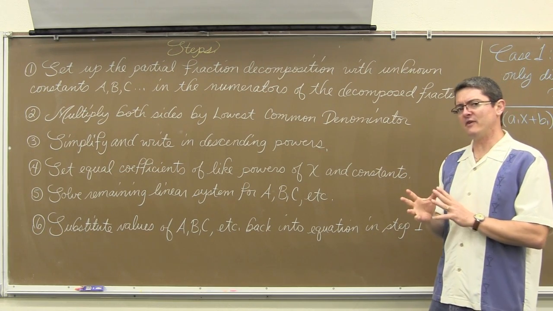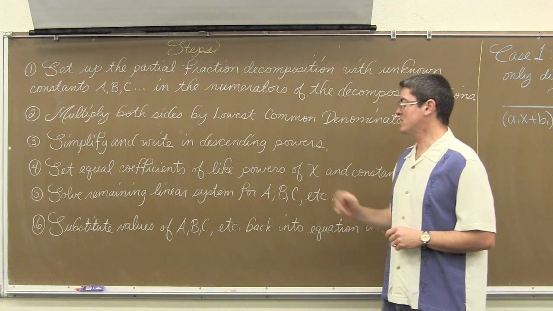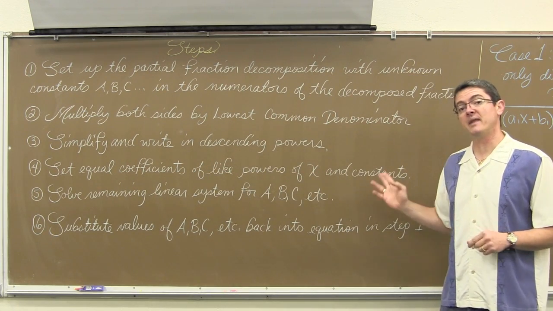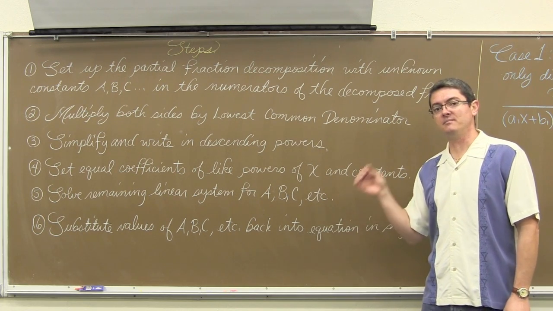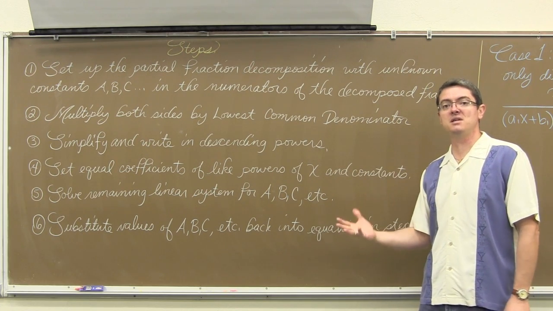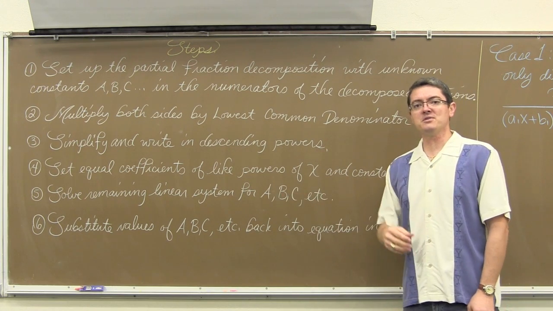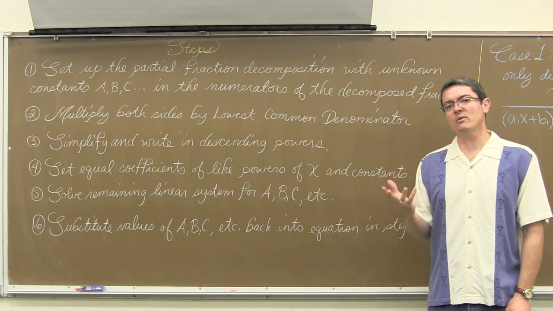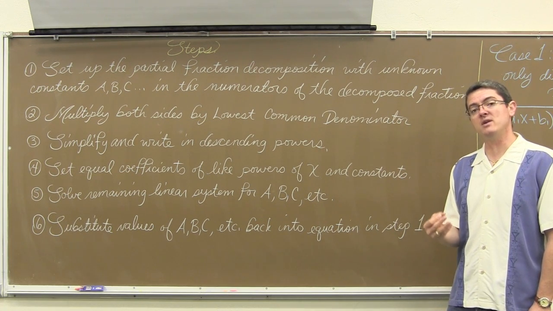Then I might have to do a little bit of factoring as well, and I'm going to set the coefficients of like powers of x and the constants equal. I'm going to solve the remaining linear system of equations for a, b, c, however many I have. And if I do have 3 variables, we're going to have to go back and remember how to solve systems of equations where there's 3 equations and 3 unknowns.